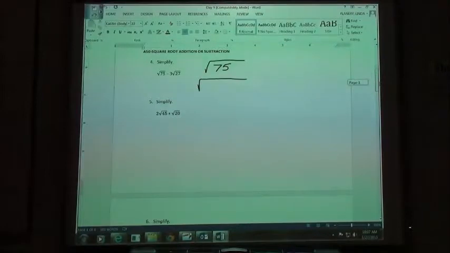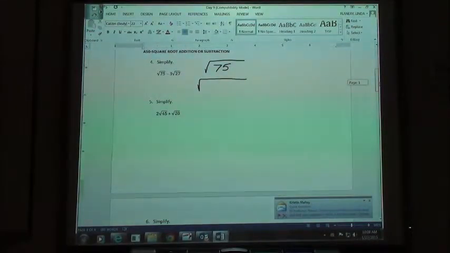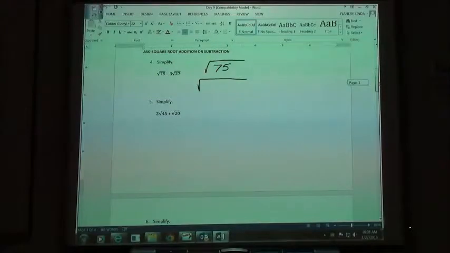The biggest perfect square that divides into 75 is... what number that's a perfect square divides evenly into 75?